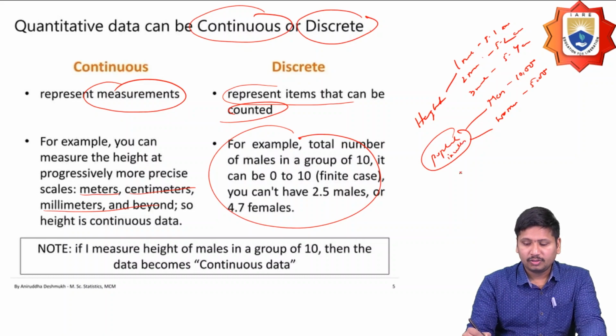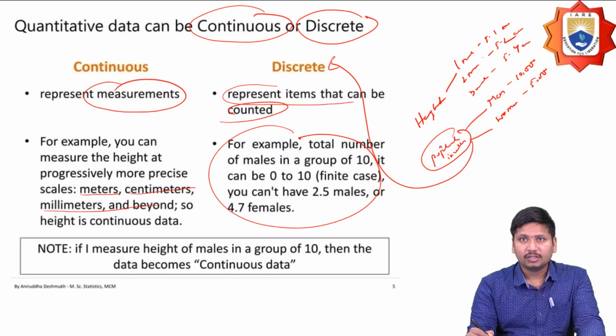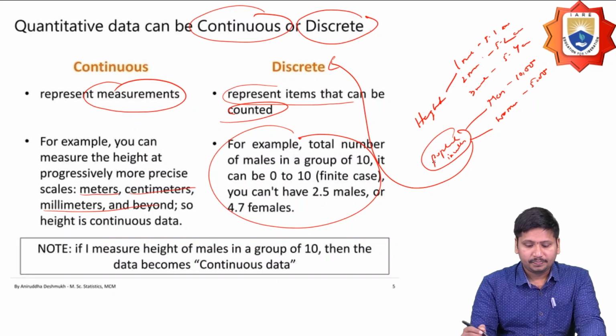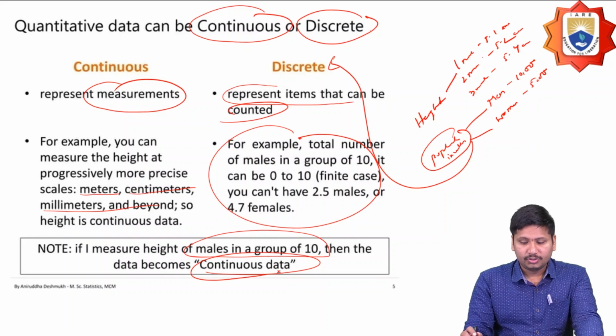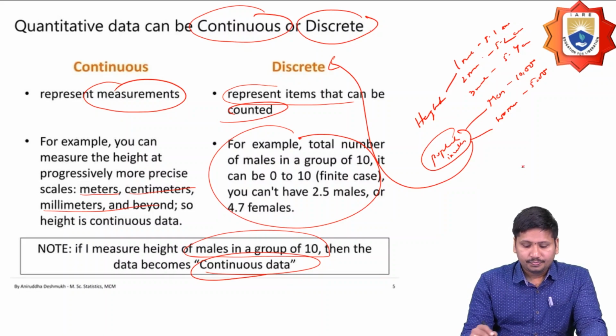This is another example of discrete data. If I measure the height of males in a group, then the data becomes continuous data. Okay, so this is the main difference between continuous data and discrete data.